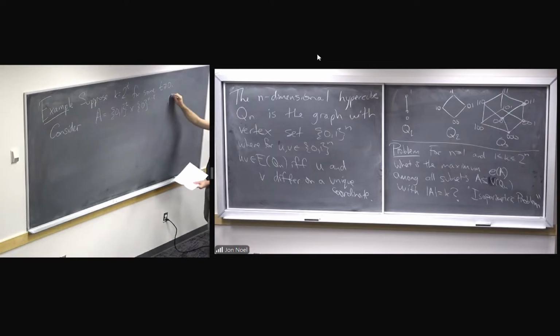As an example, if n is 4 and t is 2, I would be taking 0000, 0100, 1000, and 1100, right? And this would make a copy of, in this case, a 2-dimensional cube inside of the 4-dimensional cube.